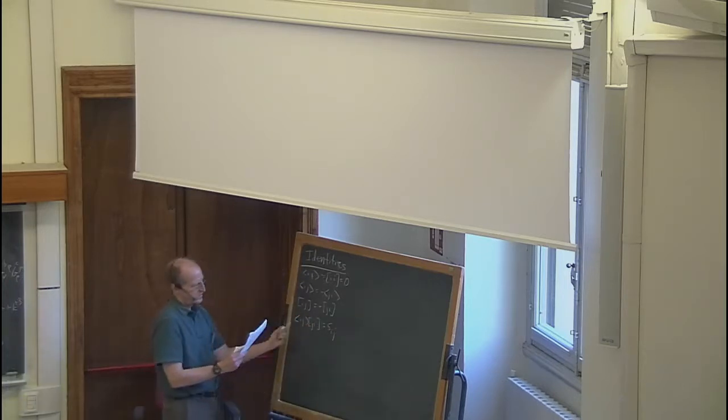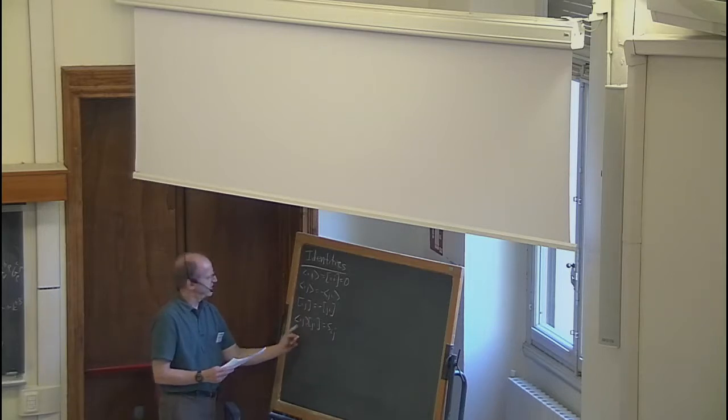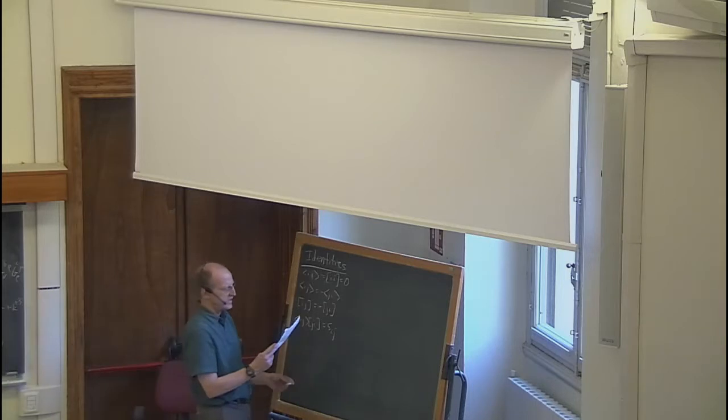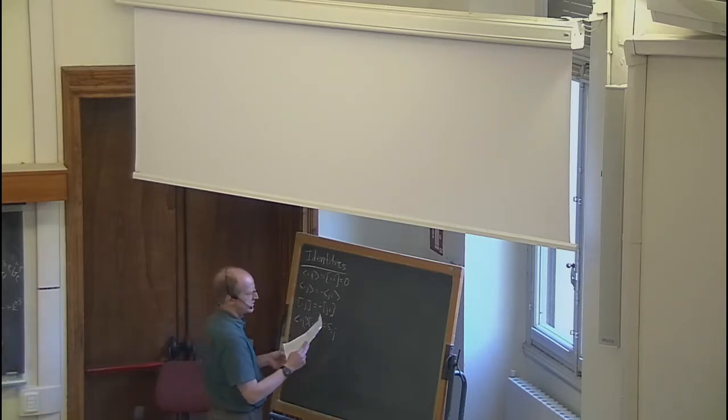And the square of the ij with a square bracket ji is the Mandelstam variable, is the Mandelstam invariant.